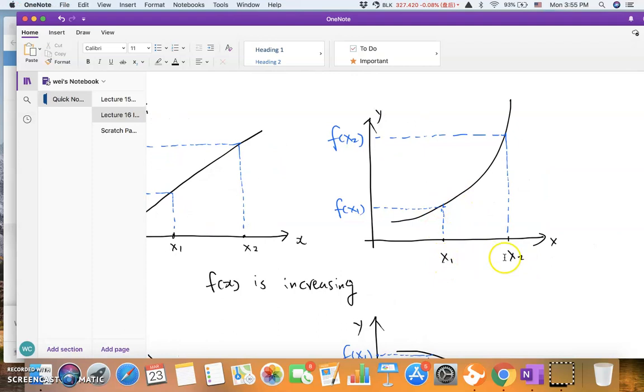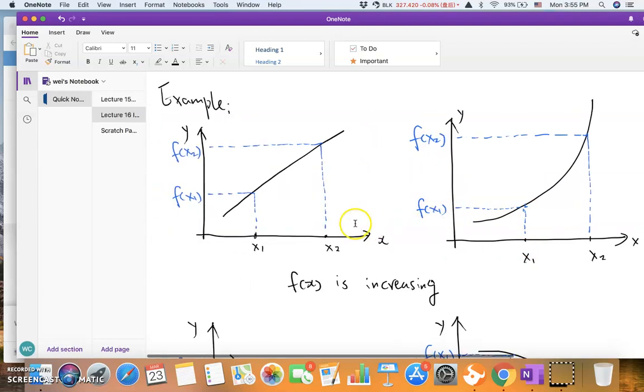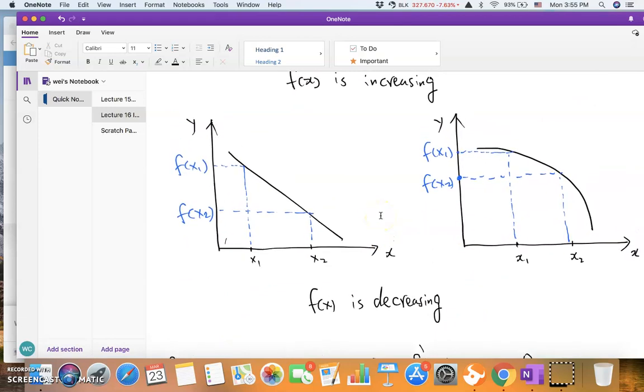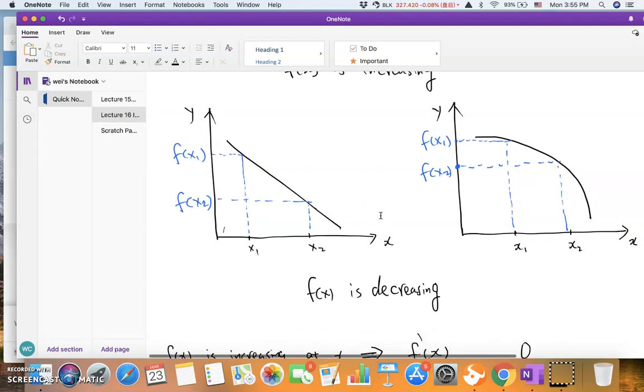Now here is x1 and here's x2. The function value at x2 is this, and the function value at x1 is this. So f of x2 is greater than f of x1. So these two functions are both increasing. Okay. Now let's look at the examples of decreasing functions.